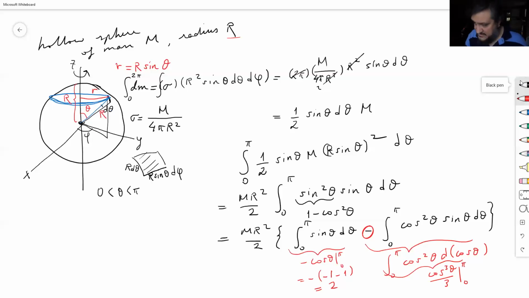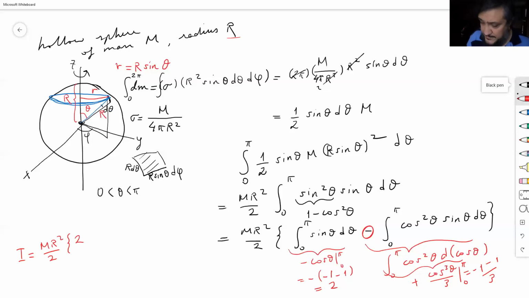I'm adding this because I get rid of that negative here. So cosine pi is -1, -1 cubed is still -1, and then cosine 0 is 1, so 1 minus 1 divided by 3... so -2/3.